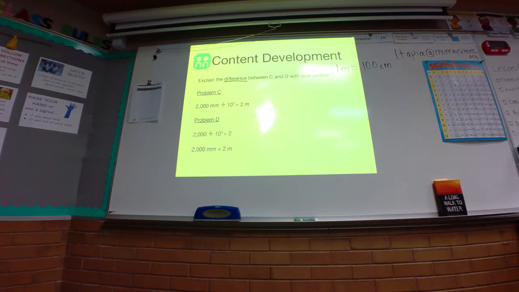So what units did you see using this? 2,000? Problem D has 2 steps. You have to solve it, right? Okay, so problem C has 2,000 millimeters divided by 1,000 equals 2 meters. Okay, what else is different? What do you see?